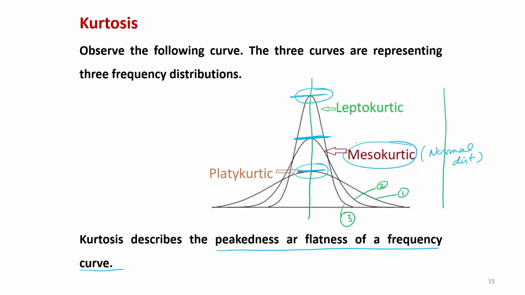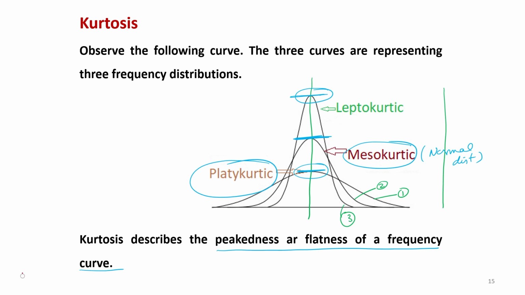And the curve which has a hump where the kurtosis is less than the kurtosis of the mesokurtic curve is called platykurtic, which is given in curve number 1. So, first we compare curve number 1 and 2. In this case, if the hump of the curve is less than the hump of the mesokurtic curve, it is called platykurtic.